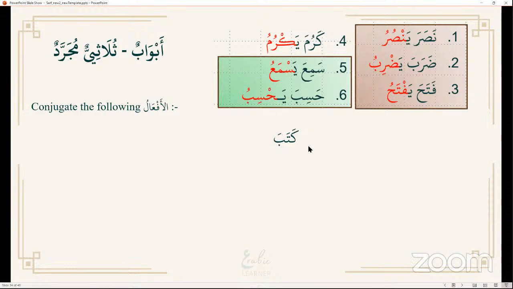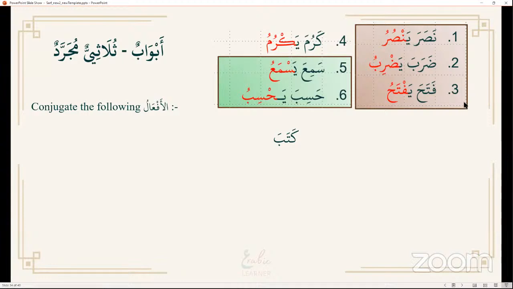Since all three letters take fatha, fatha, fatha, definitely it is not from Bab 4, karuma yakrumu. Definitely it is not from Bab 5, sami'a yasma'u and hasiba yahsibu. So we are left with these three choices: Nasara yansuru, daraba yadribu, fataha yaftahu.